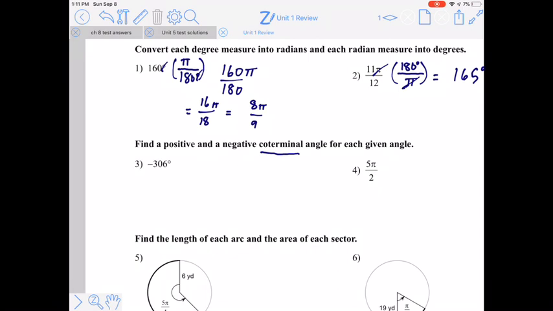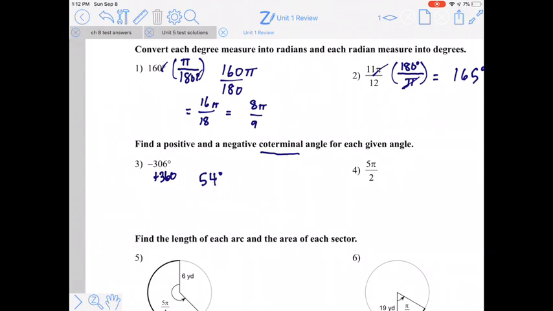So if I add 360 degrees onto that, that would give me a positive coterminal angle. So 360 minus 306 is 54 degrees.